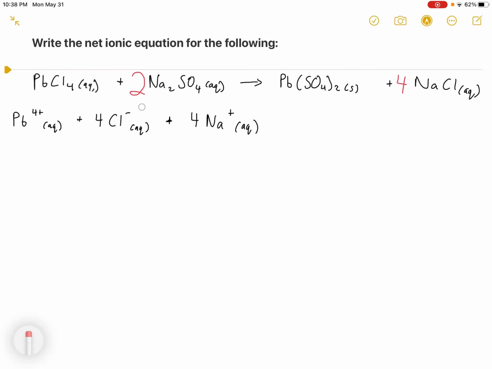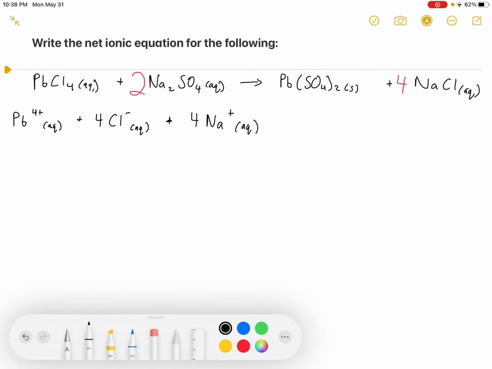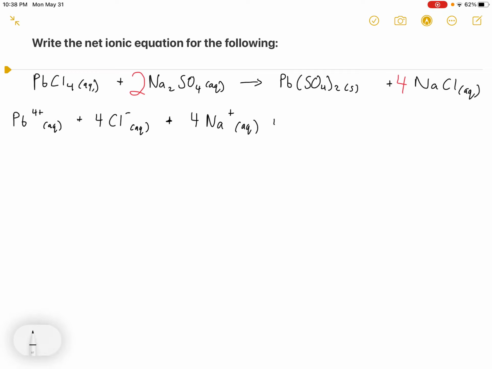So we have to multiply the subscript by the coefficient. That gives us the 4 sodium cations. And then we'll have 2 sulfate anions. And again, the charge on the sulfate, you can find that on the common ions chart.